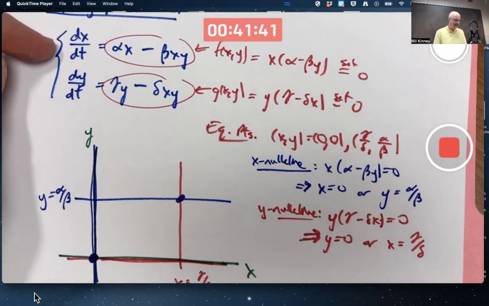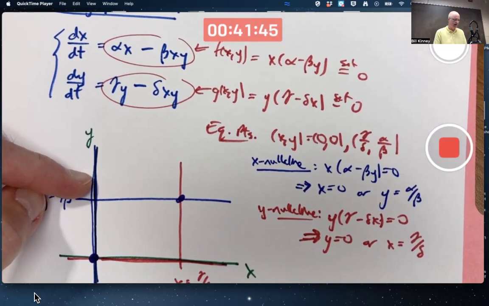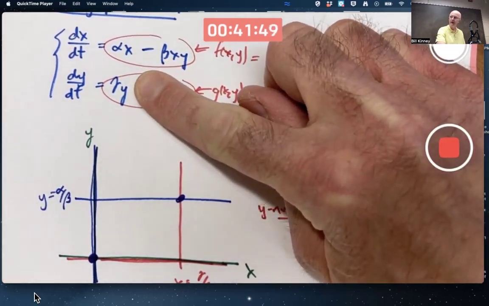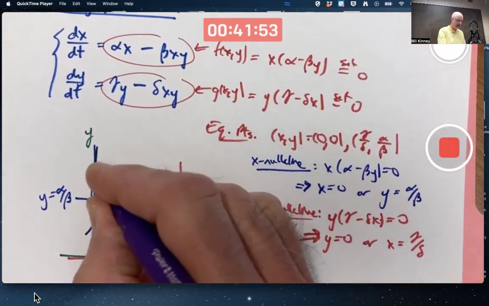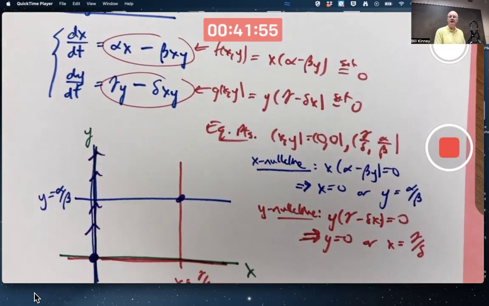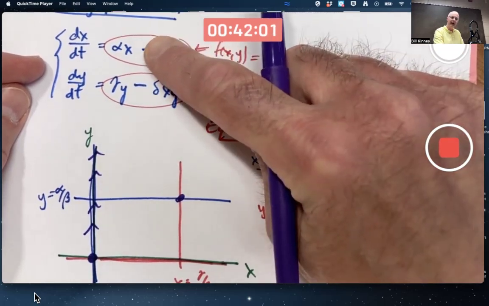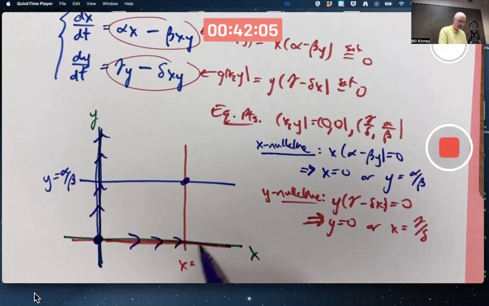Along the y-axis, where x is 0, dy/dt is positive when y is positive. I move upwards. But something new here compared to the predator-prey is along the x-axis, when y is 0, x increases, so I move to the right, away from the origin, not towards it.